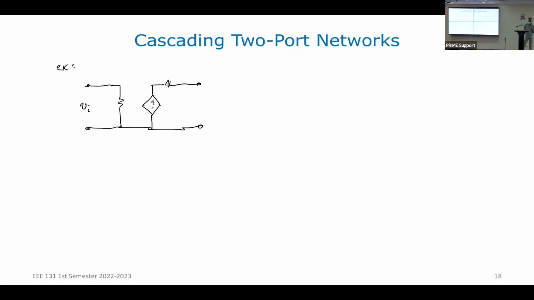This is V sub I. Let me call this R1I, and this is R1O, and then this is AV1 V sub I. Then I have another network here.